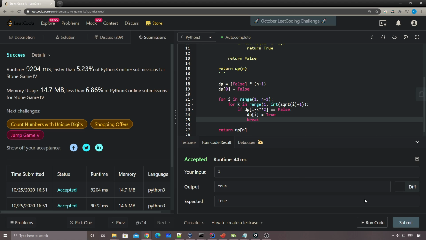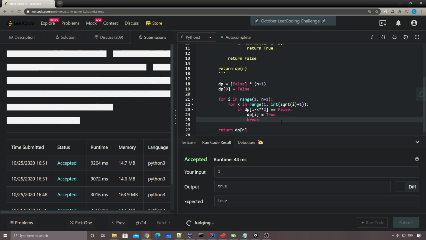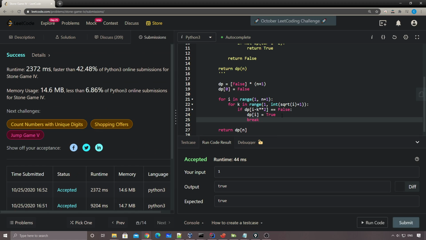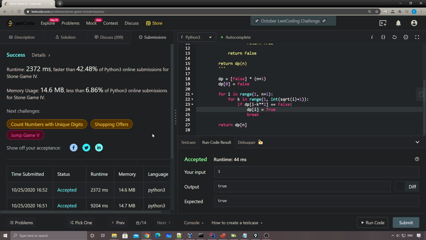That's why it's so slow here. Okay. Now it's much faster, because since we already find a winning strategy, there's no point trying other scenarios, right? As long as we know there's a winning strategy that can guarantee us a win, we'll definitely go with that. So that's that.